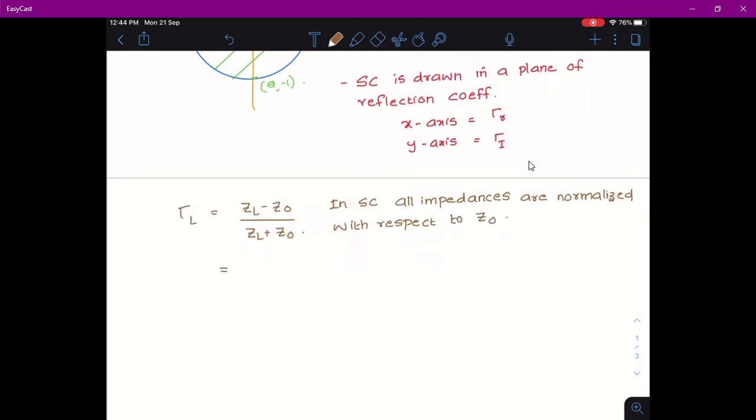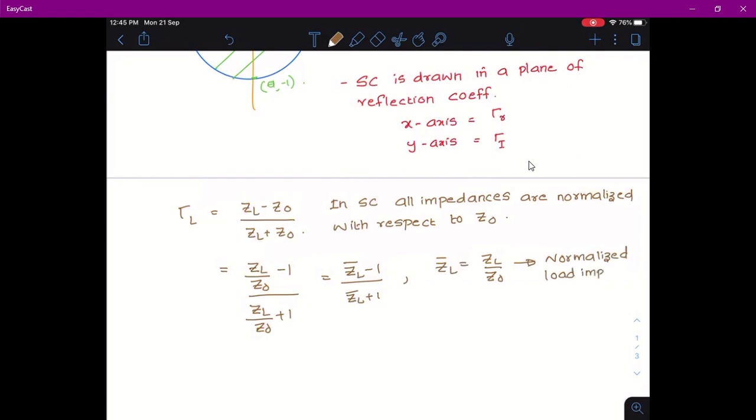I can write this as ZL by Z0 minus 1 by ZL by Z0 plus 1, which I represent as ZL bar minus 1 by ZL bar plus 1, where ZL bar is equal to ZL by Z0, and this is the normalized load impedance.